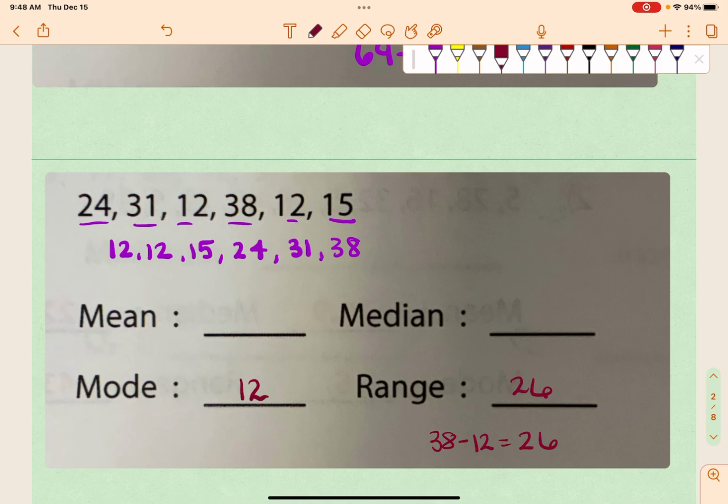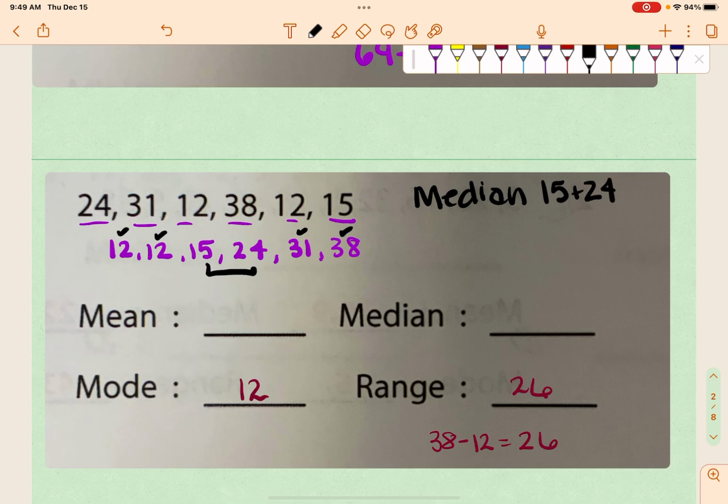Okay, now we have a little bit of a challenge doing median this time. So let's start like we did the last time. I'm going to pair up the biggest number and the smallest number and mark them off. So biggest matches the smallest, next biggest, and next smallest. And then you'll notice right now there happen to be two numbers in the middle. To find the median, if I end up with two numbers in the middle, I'm going to have to add those two together and divide by 2.